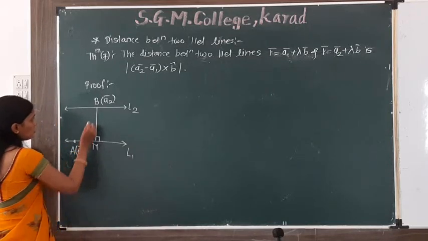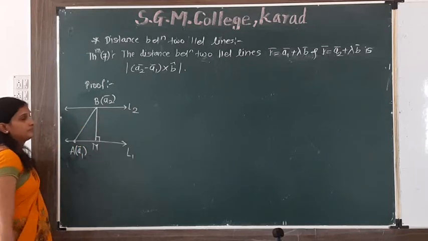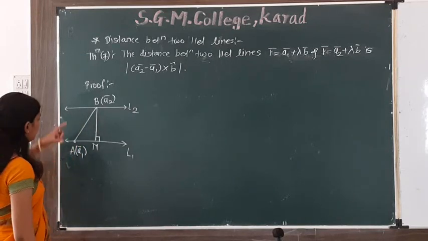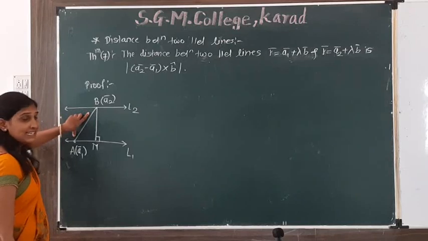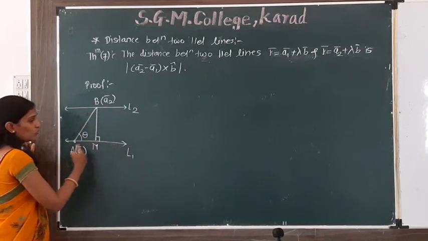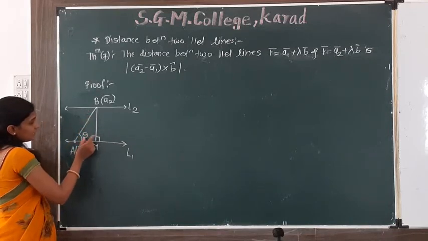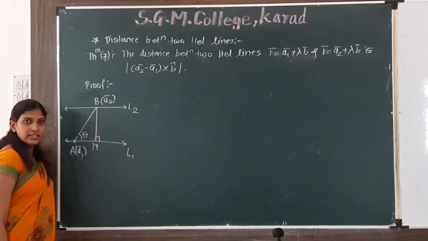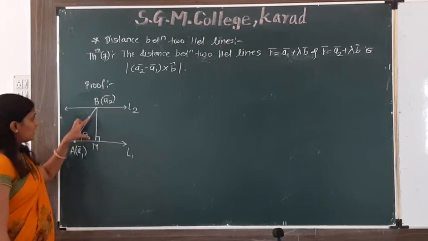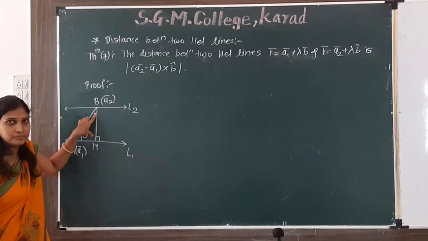Now we draw a line from A to B, and this line AB makes an angle theta with the line L1. So we have to find the distance between these two lines, that is BM, the value of BM.